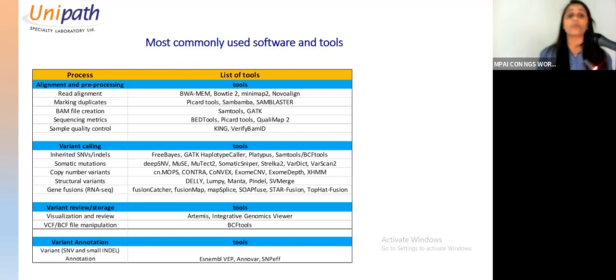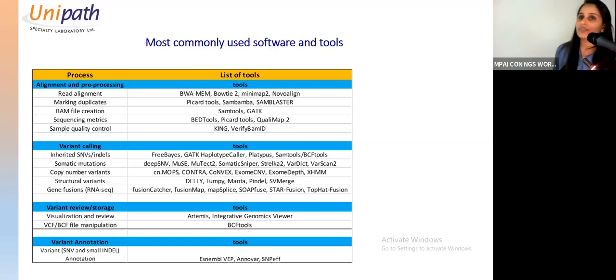We know that copy number also plays a very important role in disease, so there are dedicated tools for that. A few others from exome CNV are some of the widely used ones. Then you need to check the structural variants, like translocations, everything you have to see. These are the tools which give you that, and these three are majorly used.